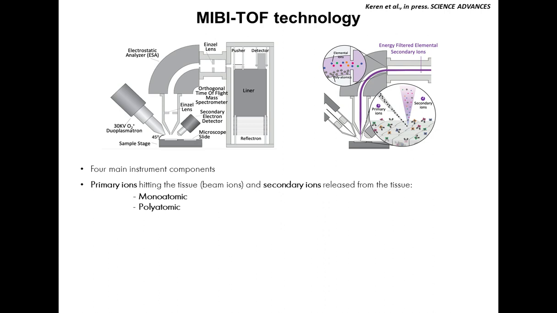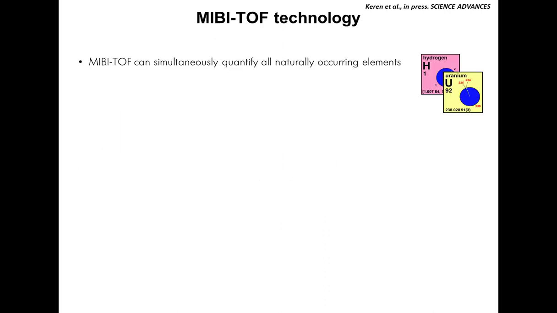The next point is to show how MIBI can simultaneously quantify all naturally occurring elements from hydrogen to uranium. We use these capabilities to simultaneously provide the subcellular expression and localization of up to 42 elementally labeled antibodies, as well as native biological elements such as phosphate and iron.